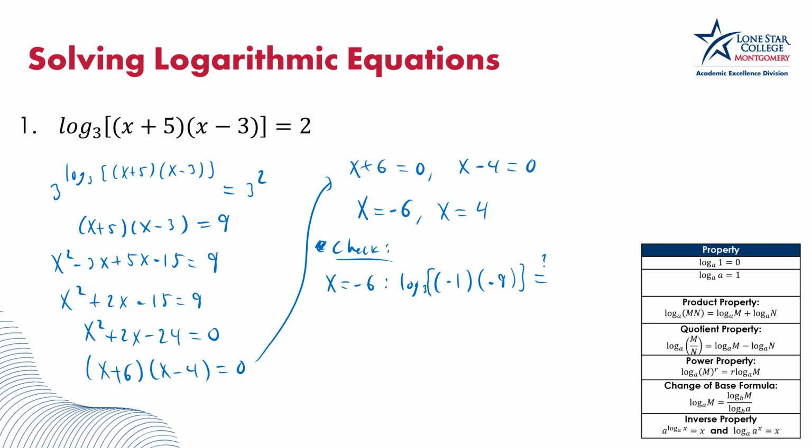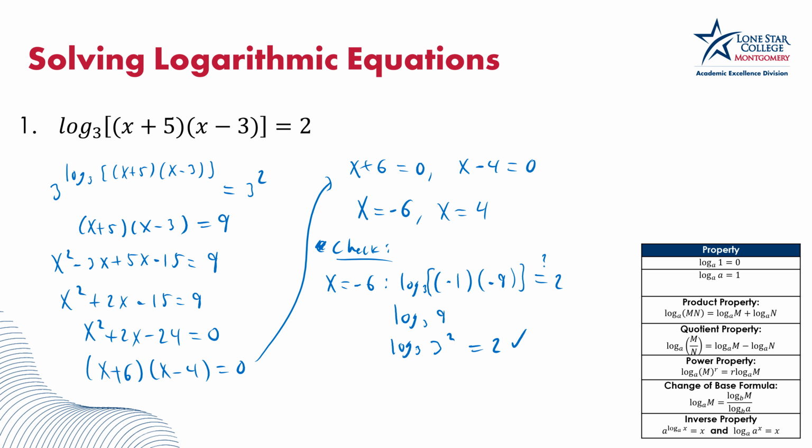And we're checking, is that equal to 2? So negative 1 times negative 9 is a positive 9. Log base 3 of 9, which is like saying log base 3 of 3 squared. And that would be 2, because the log base 3 and the 3 here will cancel. We're left with just the power, which is 2.